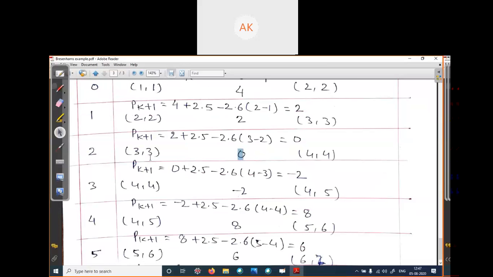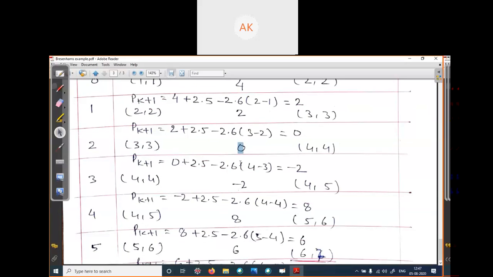So when your decision parameter is greater than or equal to 0, and now it is equal to 0, then both coordinates will change with 1. 3 plus 1 is 4, 3 plus 1 is 4. Same way you can calculate all the intermediate points and reach your end point.